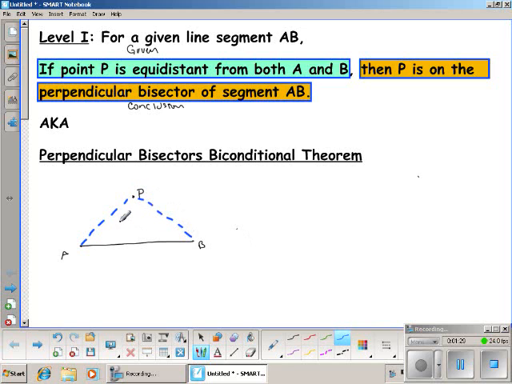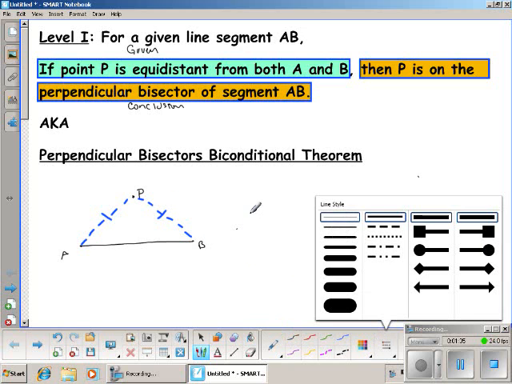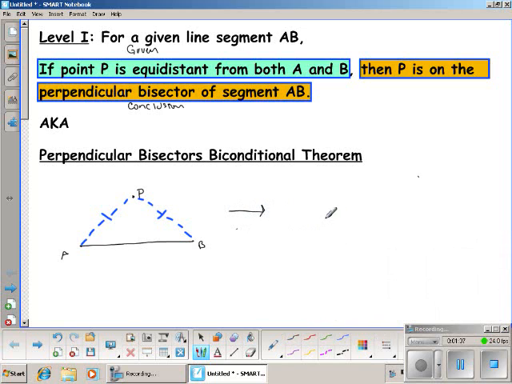So if I pick it in such a way that this is true, then as a result, that point P will always appear on the perpendicular bisector of AB.